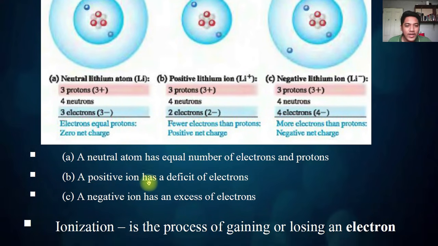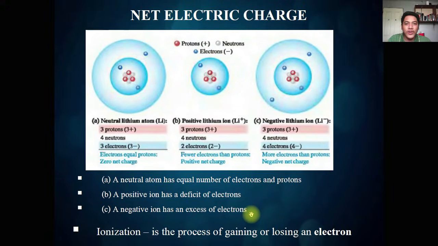A positive ion has a deficit of electrons, meaning lacking electrons. A negative ion has an excess or surplus of electrons. And again, ionization is the process of gaining or losing an electron, not a proton. I hope you're learning.